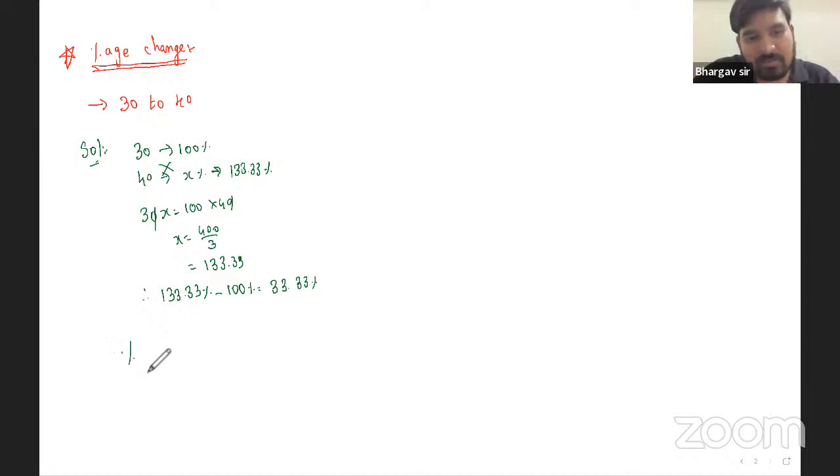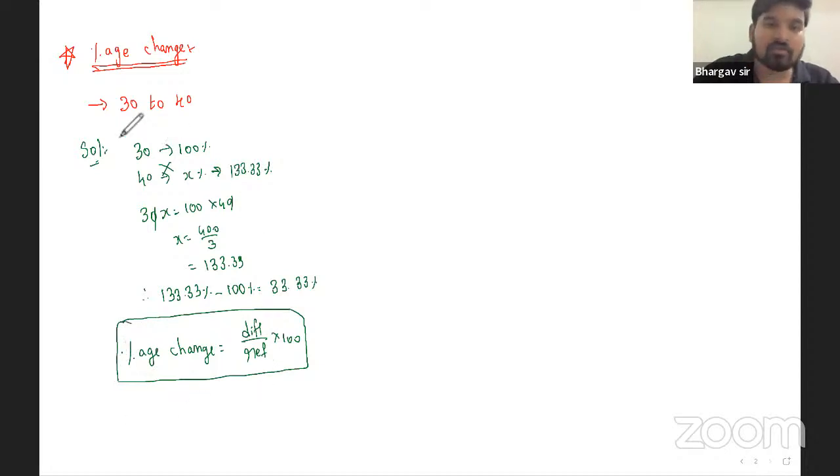How do we find the percentage change? We find the percentage change using this simple basic formula, which is difference upon reference into 100, right? This is something we always do in order to find out the percentage change. In this 30 to 40, what is the difference? Difference is 10.